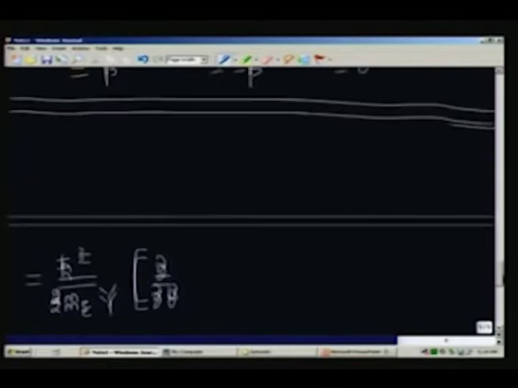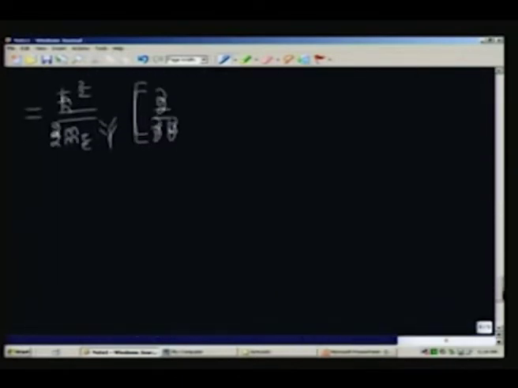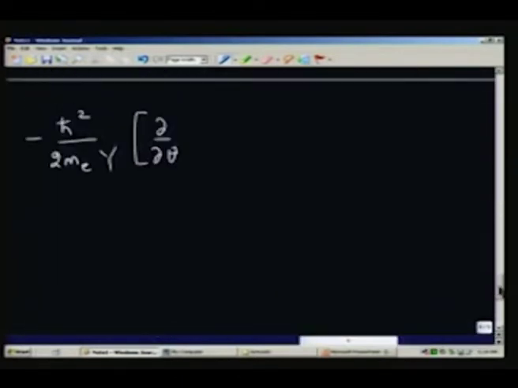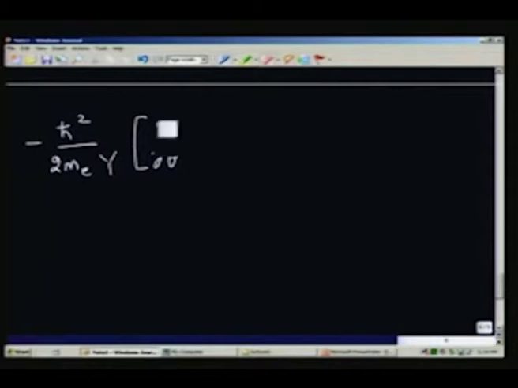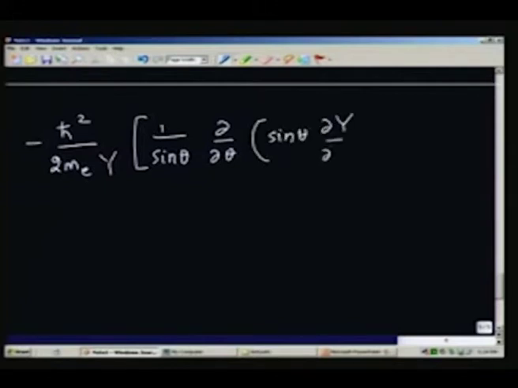The theta phi equation is minus h bar square by 2me times y, 1 by sine theta, so let's write this carefully: 1 by sine theta dou by dou theta on sine theta dou y by dou theta.